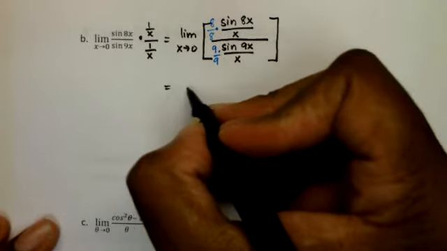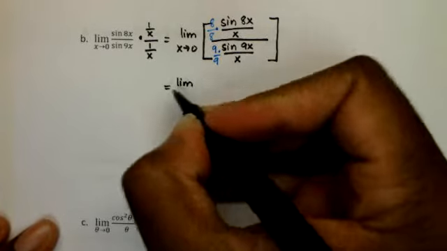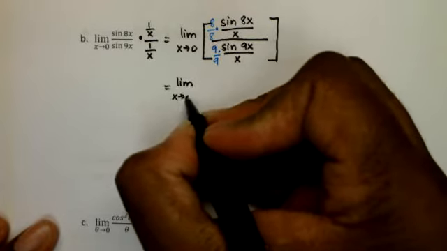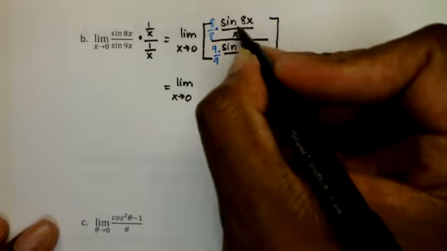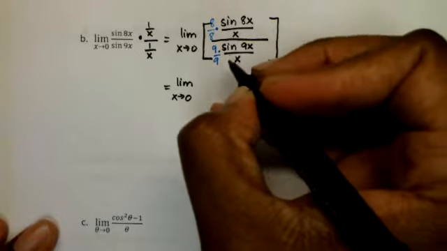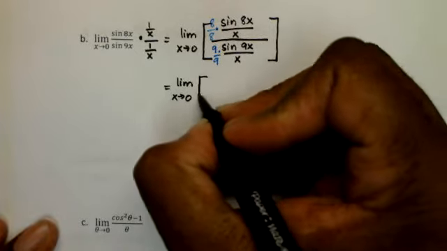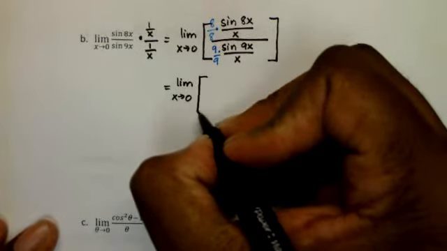So here's what I'm going to have. The limit as x approaches 0 of 8 times sine 8x, let me put this in brackets, 8 times sine 8x divided by 8x.